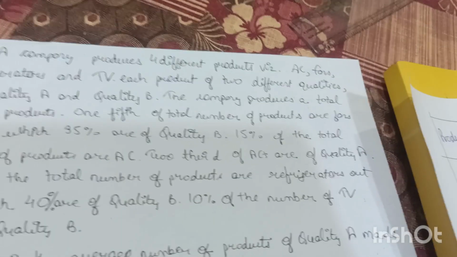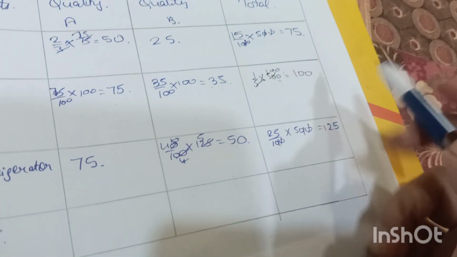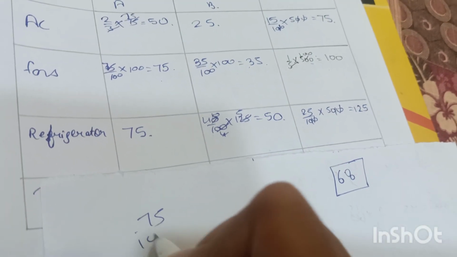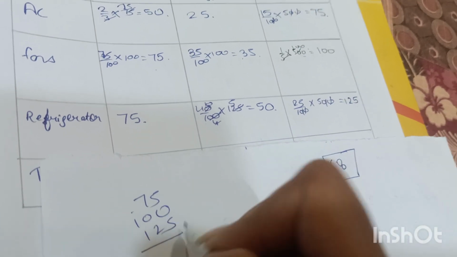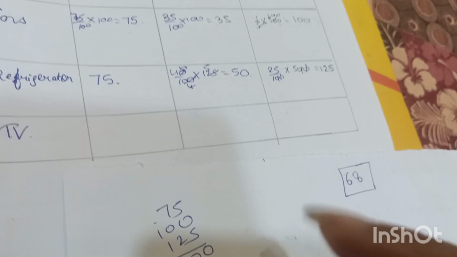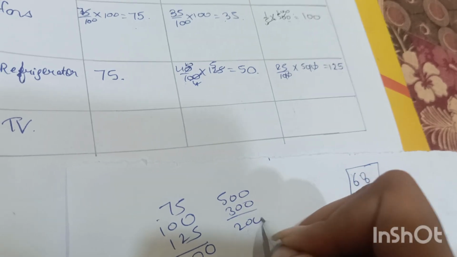Then 10% are of quality B TV. So when you add all these, 75 plus 100 plus 125, you get 300. 500 minus 300, you will get 200.